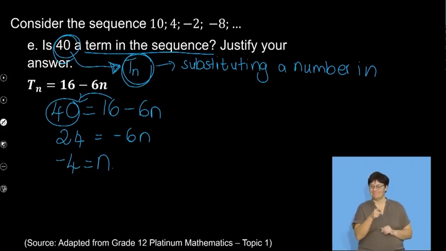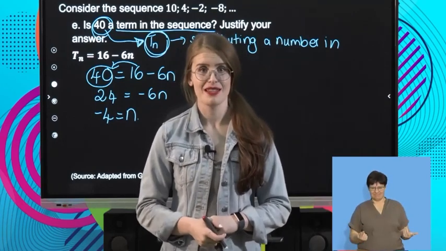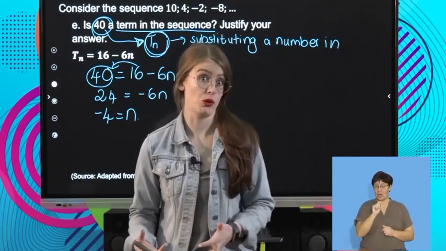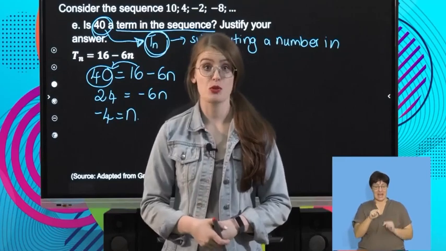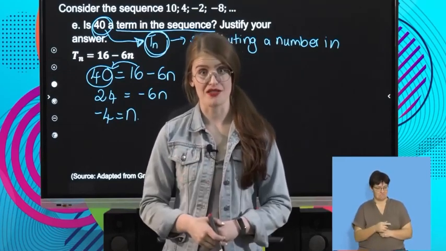So this has posed a problem to us. We can't find the negative 4th part of a pattern. Terms are whole numbers. So if it was term 4 was 40, then it would be acceptable. But because n is equal to -4, that means that 40 is not a part of this pattern.